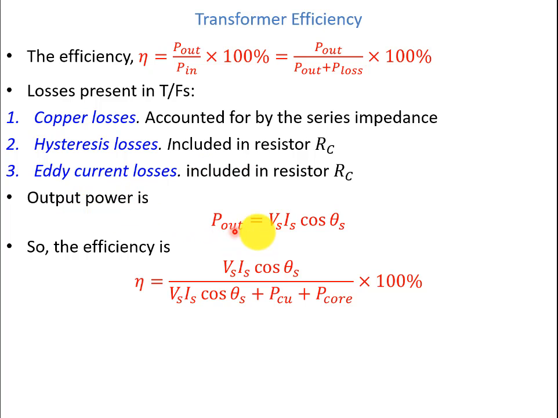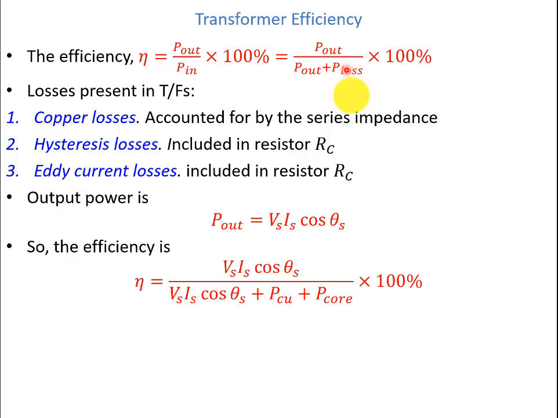The output power is Vs Is cos theta s. So the efficiency is then Vs Is cos theta s divided by Vs Is cos theta s, which is P out, plus copper losses of the series impedances, and core losses, which are due to this resistance Rc, and they are the summation of two losses, hysteresis losses and eddy current losses. And even if we have some stray losses, we can add them here.